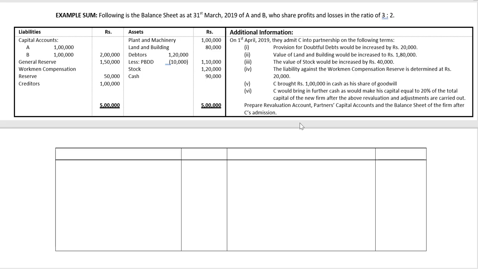We will begin with the revaluation account and continue with the partners' capital accounts. We will determine the capital that has to be brought in by partner C and close with the balance sheet of the new firm. So let's begin with the solution.